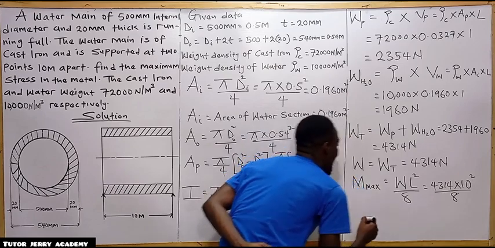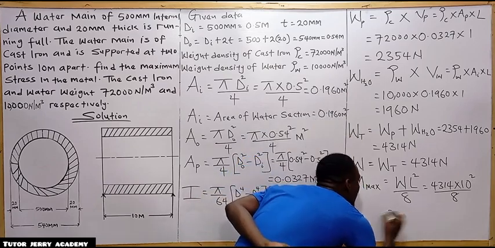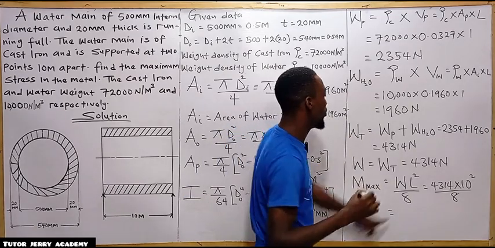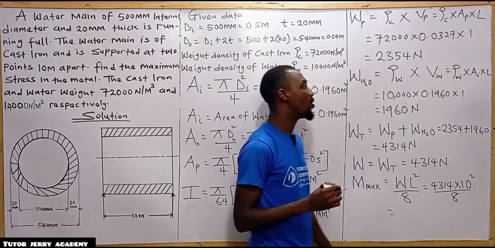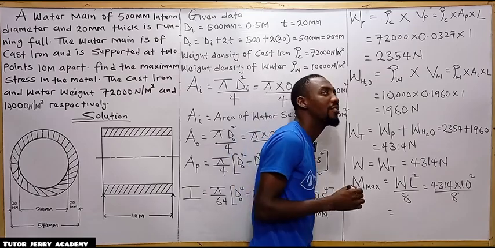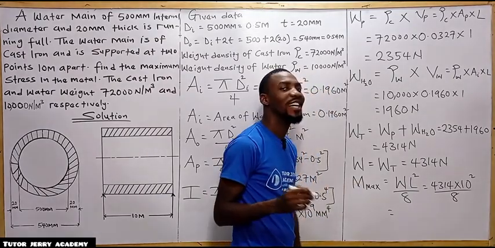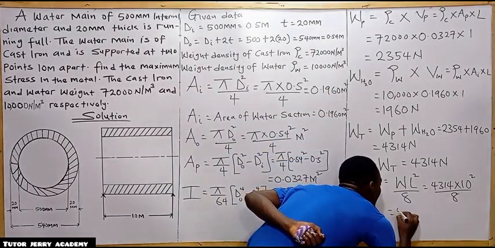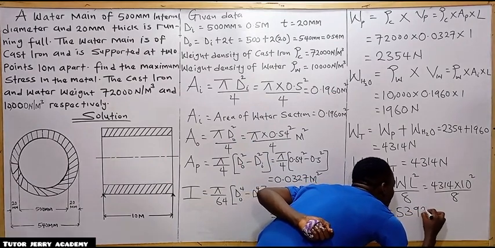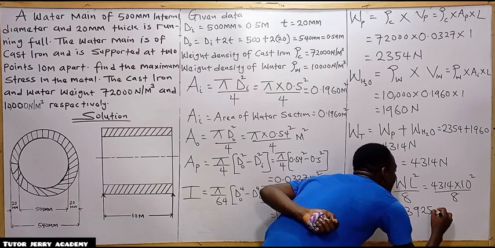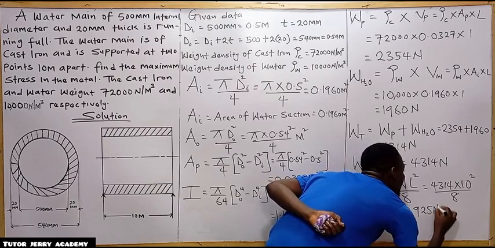So the maximum bending moment will be equal to 53,925 Newton meter.